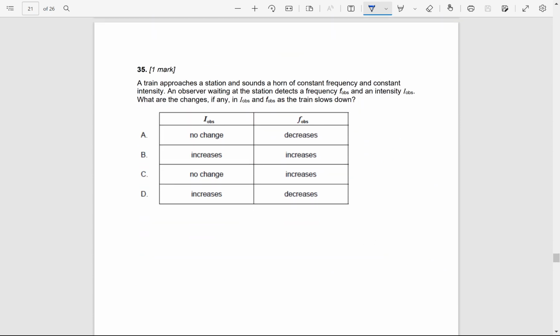Okay, question 35. A train approaches. Right, a train's approaching. Sounds a horn of constant frequency and constant intensity. An observer waiting detects a frequency obs and intensity obs. Well, if it's approaching, here is my awesome picture of a train. Just going to draw some windows.